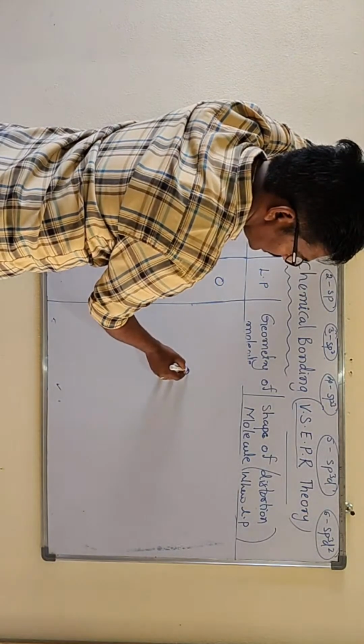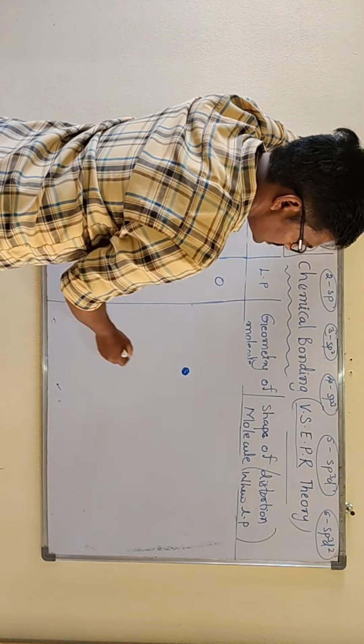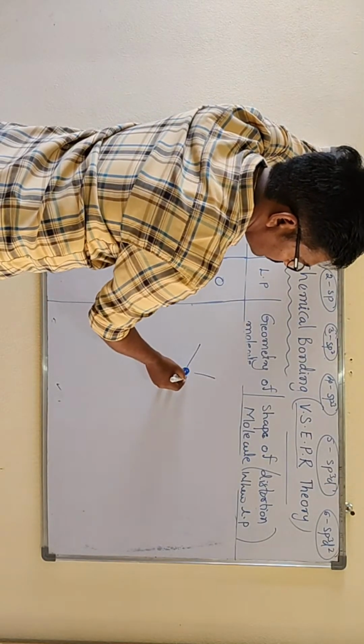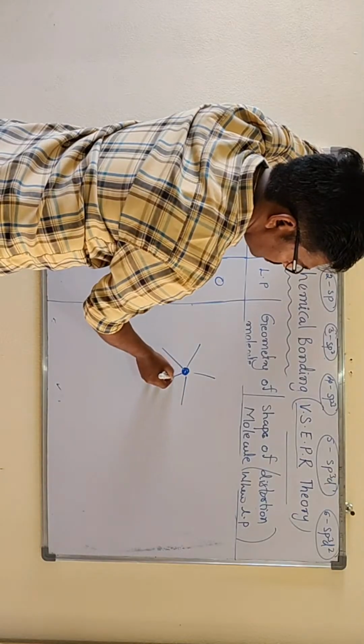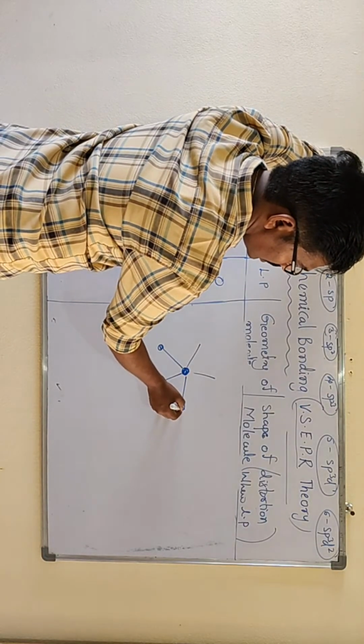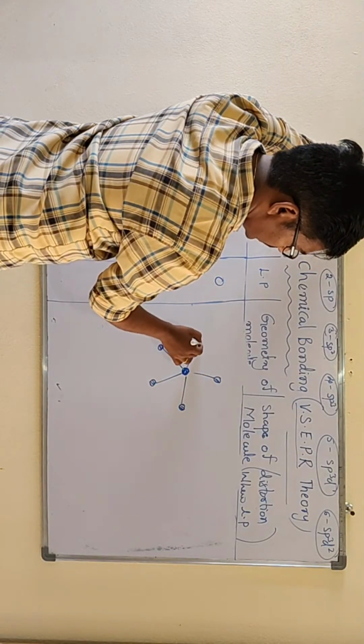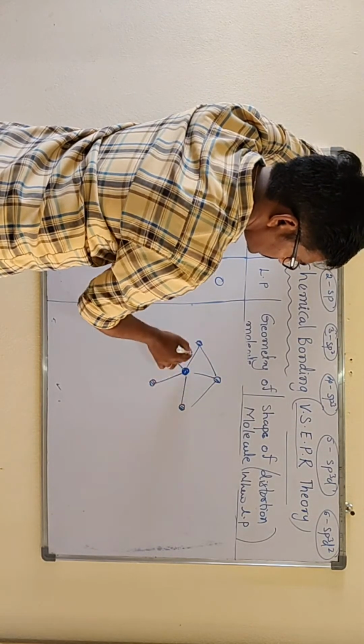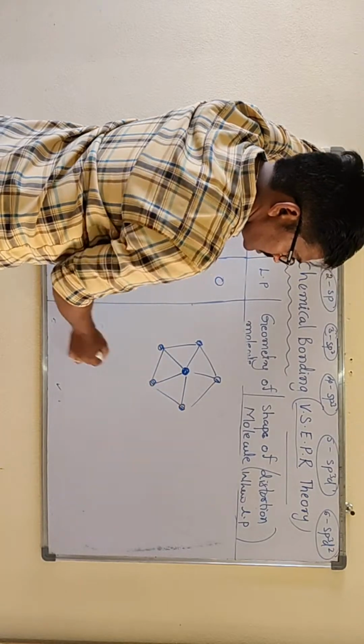Then the central atom, just assume it as this. The 5 bond pairs are all present in one plane like this.